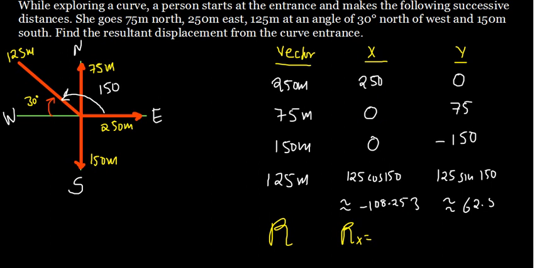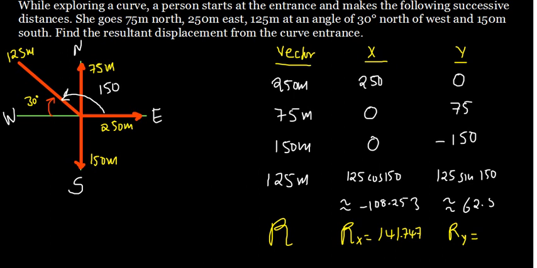If they've just said find the resultant, they've not told you to add, subtract, or what, just add, right? So this is going to give you 141.747. And then to find the resultant in the y, you add 0 plus 75 plus negative 150 plus 62.5.